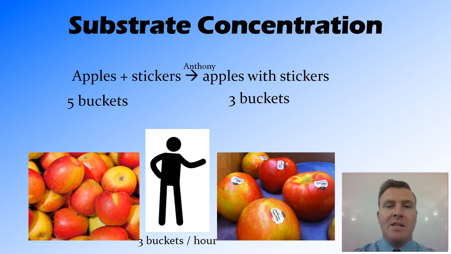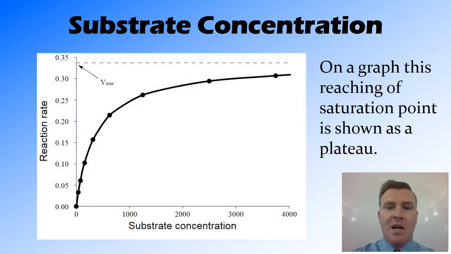So his output is still only going to be 3 buckets. We can see that once it reaches saturation point, in this case Anthony's 3 buckets, adding more substrate doesn't increase the production. It doesn't even matter if we bring it up to 10 buckets. Adding more and more, no change. On a graph, this looks like this. As we increase the substrate concentration, we start to see a fairly steep increase.